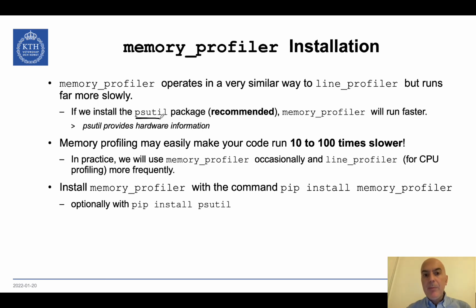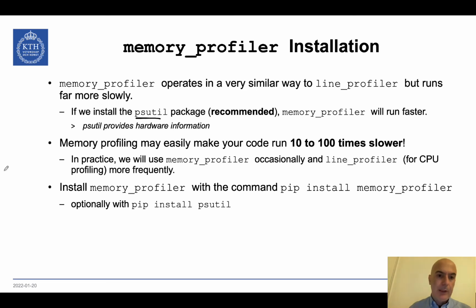Memory profiling might easily make your code 10 to 100 times slower. And in practice, we will use a memory profiler occasionally and line profiler for CPU profiling more frequently. Even though line profiling is slow, it's not as slow as the memory profiler.